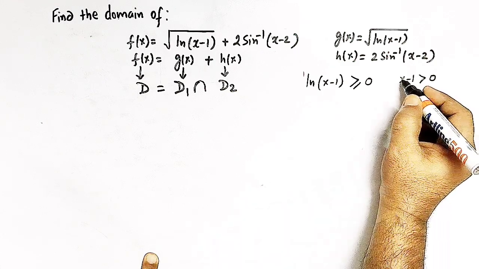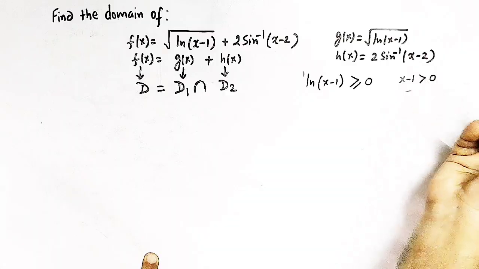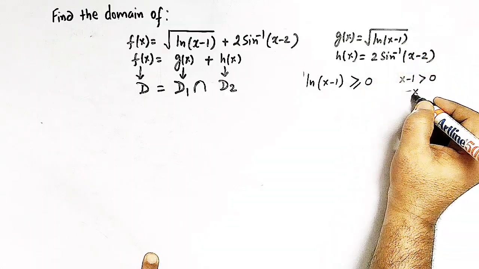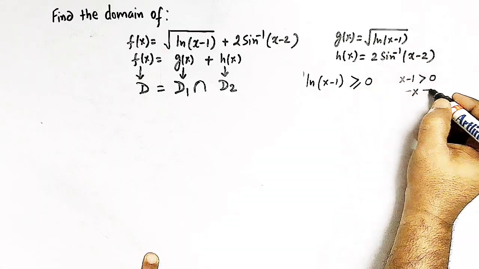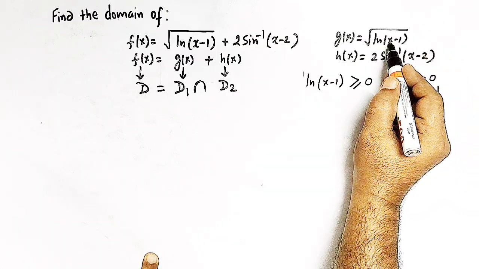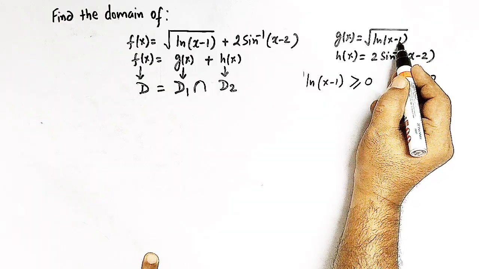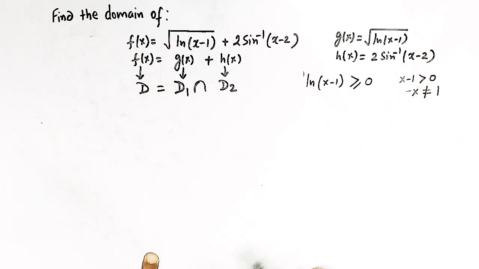So the additional condition is that x minus 1 should be greater than 0, and obviously x should not be equal to 1, because when x is equal to 1, then we have natural log of 0. 1 minus 1 is 0, and as x tends to 1, natural log of 0 tends to negative infinity.